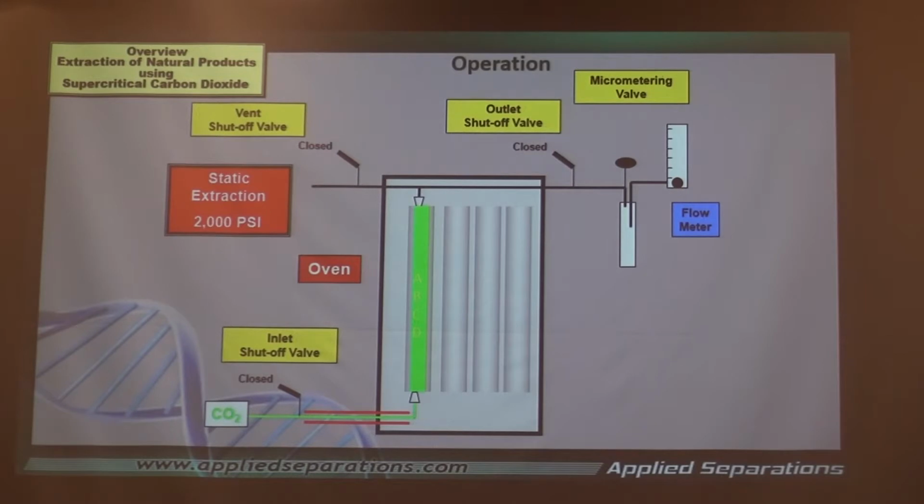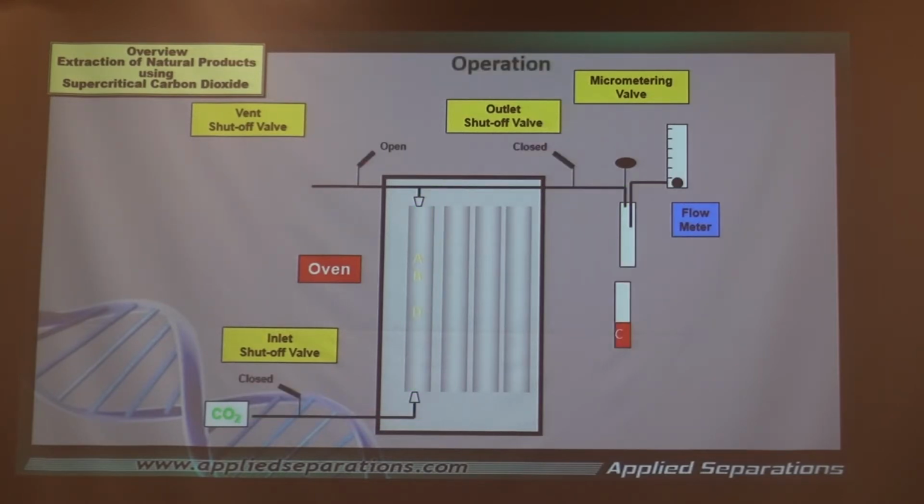It's obvious, and I won't go through this over and over, but essentially we do the extraction, perhaps at one time a little bit of static, and then we do some dynamic, and we can see that at 2,000 psi only one compound is going to come off. We see C comes off. And then we remove that. We don't mix it.